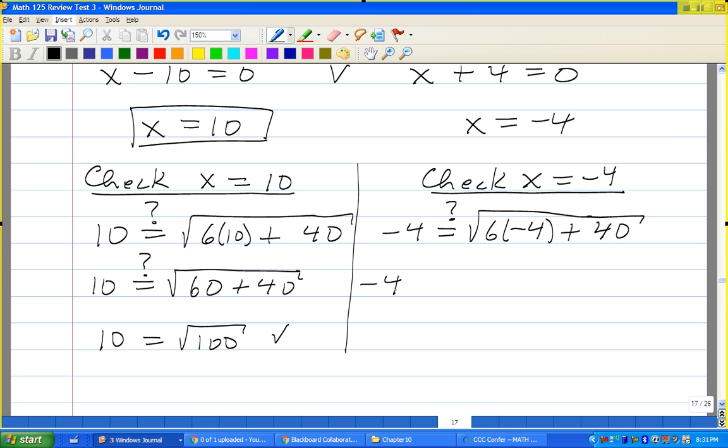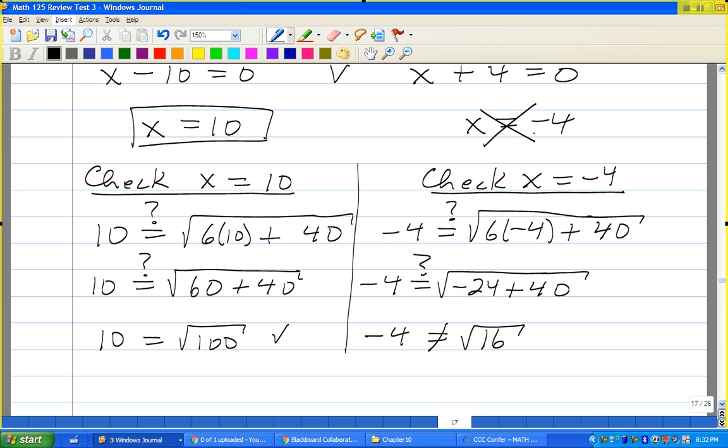So is negative 4 equal to negative 24 plus 40? Is negative 4 equal to the square root of 16? And the answer is no. And so no, this is an extraneous solution. So the only possible solution was x is equal to 10. Okay.